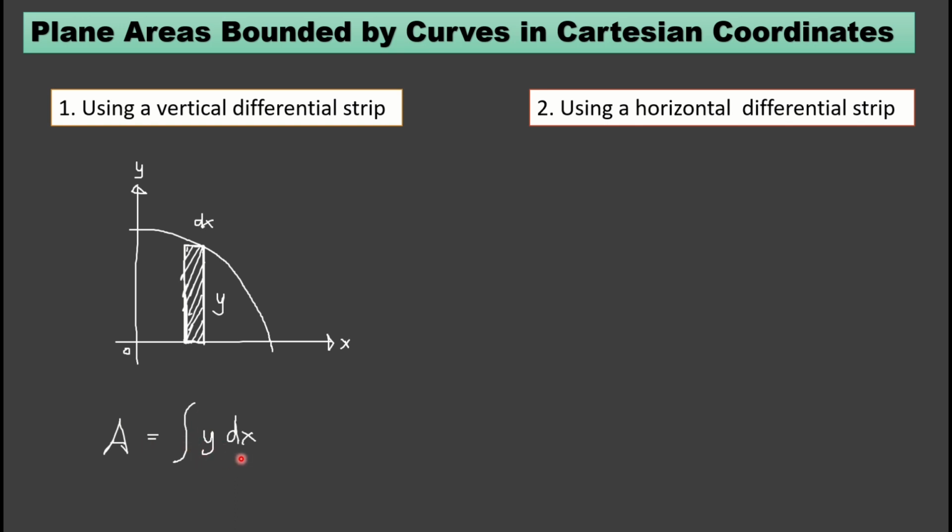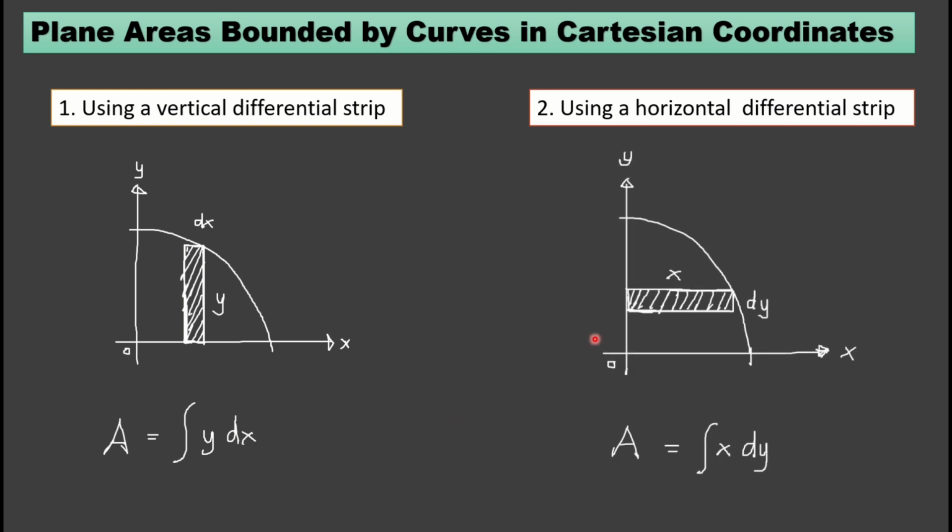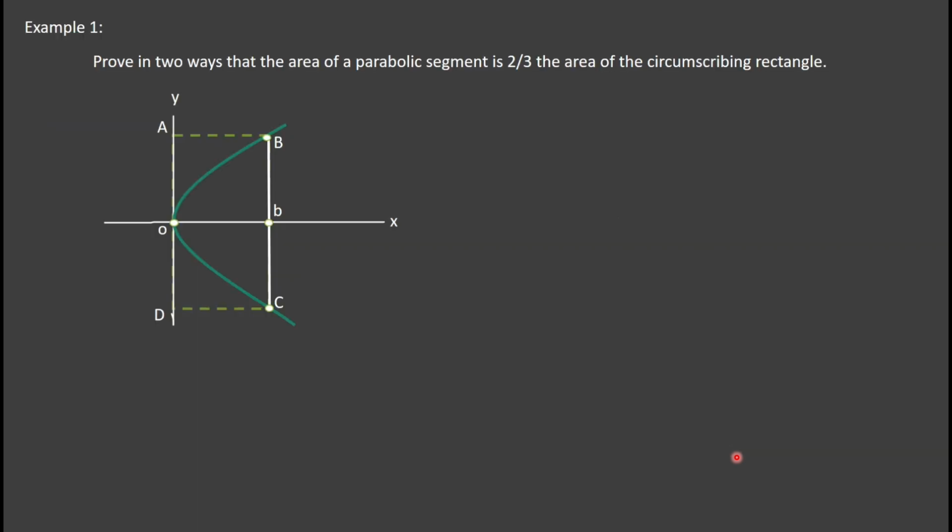While for the horizontal differential strip, the strip is horizontal. This would be the x here, then the dy, therefore the area equals the integral of x dy.